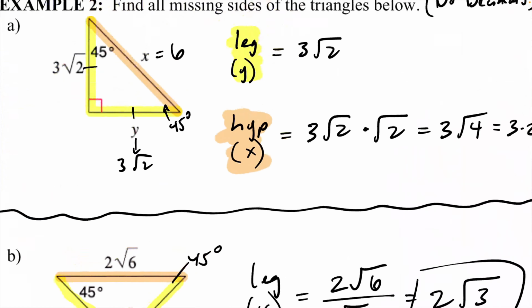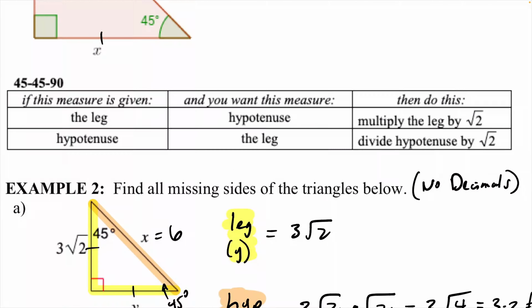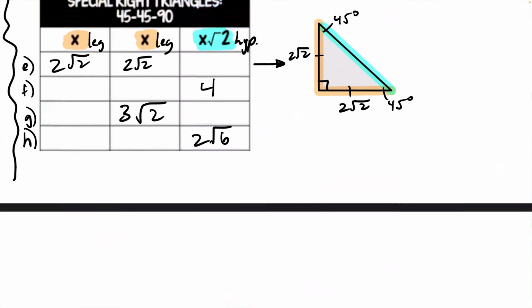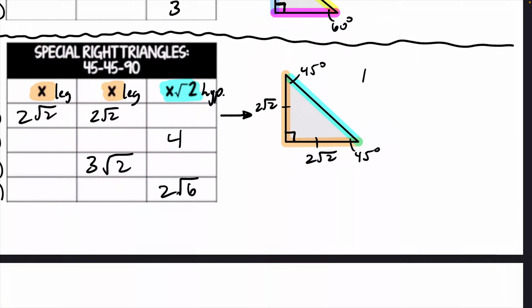When I have a leg, how do I find the hypotenuse? Multiply the leg by the square root of 2. Okay. So the hypotenuse is going to be the leg times the square root of 2. Okay?